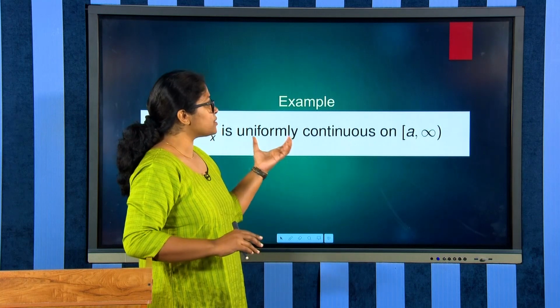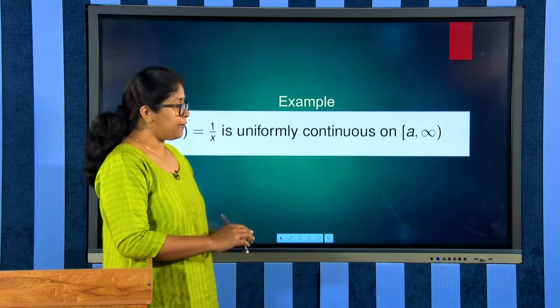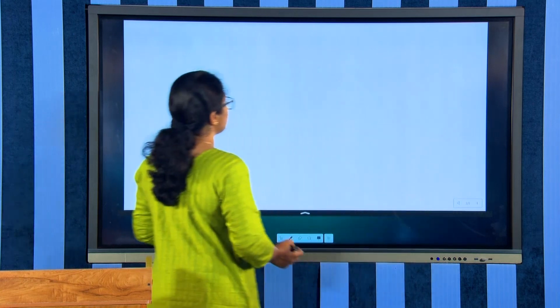But we can say that this is uniformly continuous on some point a to infinity. So, let us look at the proof of this based on the definition.